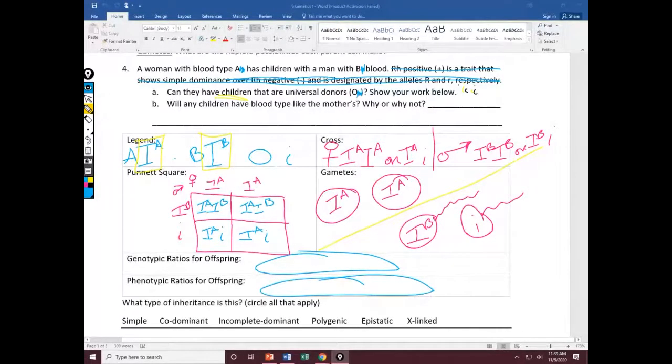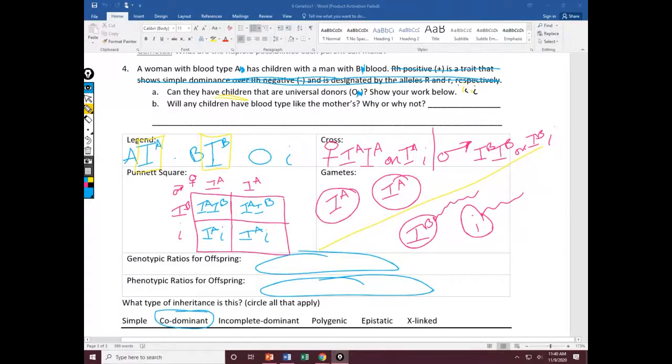Okay, so using the information I have, I have recessive alleles, multiple phenotypes. I know that this is dominant. Any questions about codominance or the difference or definitions of codominance versus incomplete dominance?